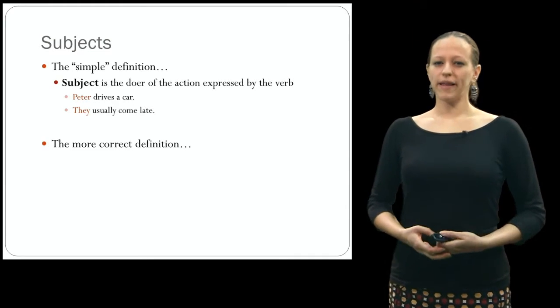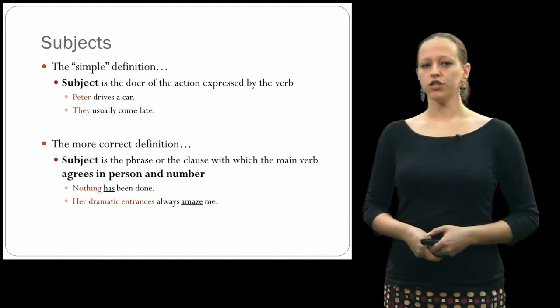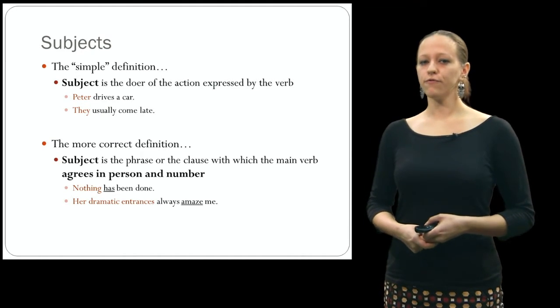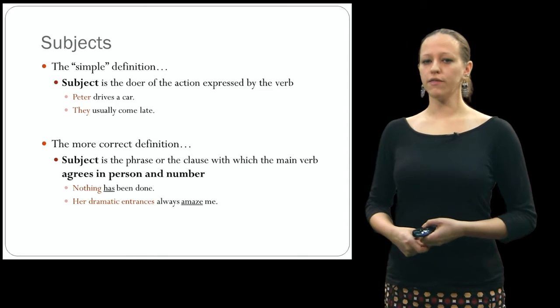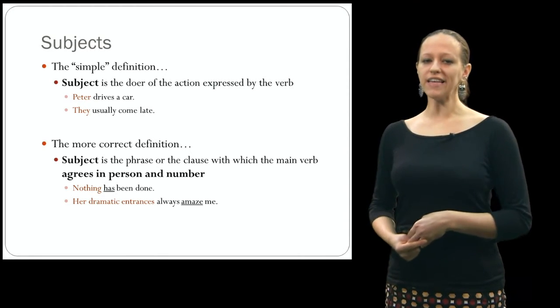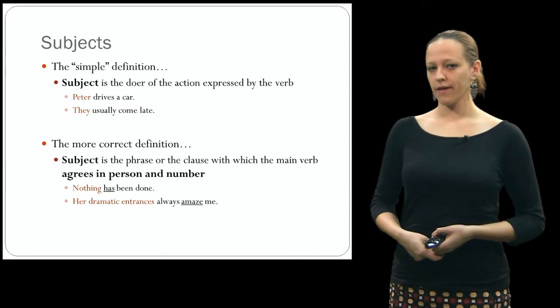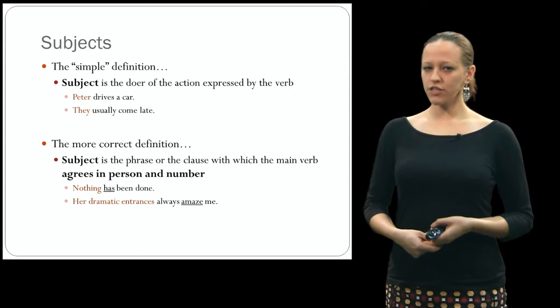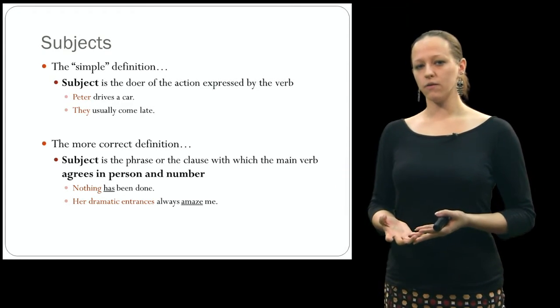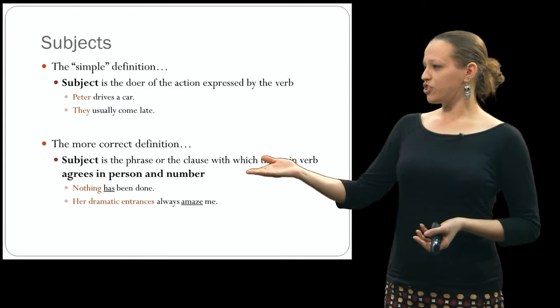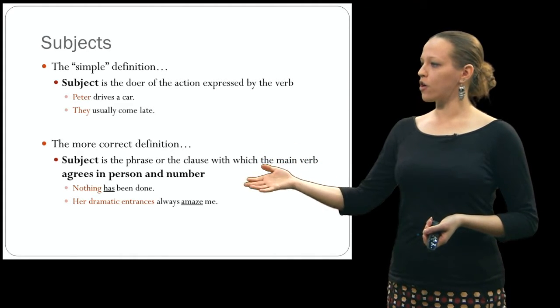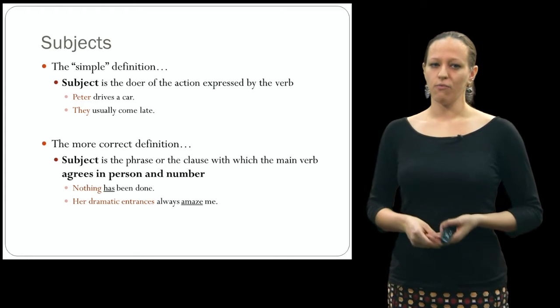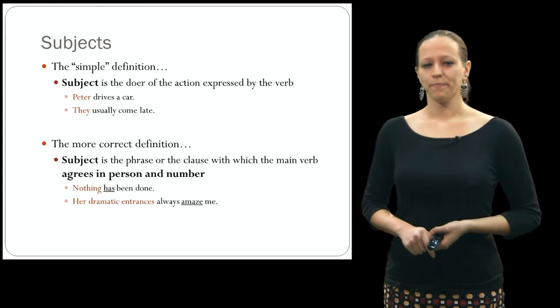But that's not completely correct. The more correct definition would be that the subject is the phrase or the clause with which the main verb agrees in person and number. This might sound quite complicated, but it's the same thing again which we already talked about. The subject is the phrase which the main verb agrees with in person and number.